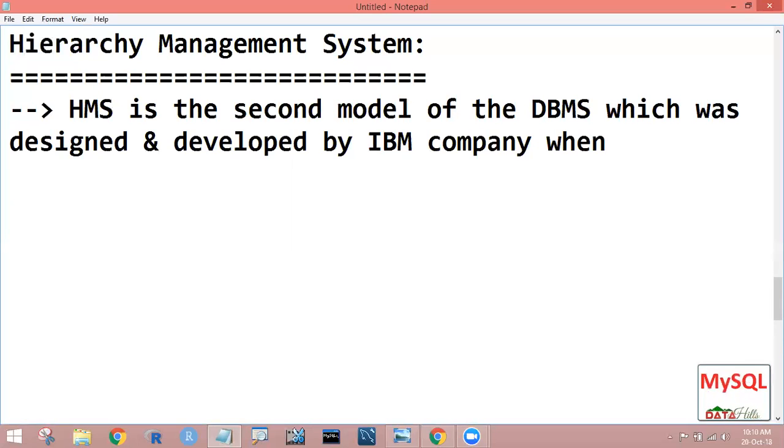When they were developing one project, they developed this hierarchy management system.